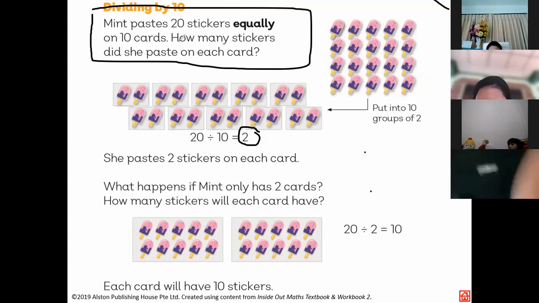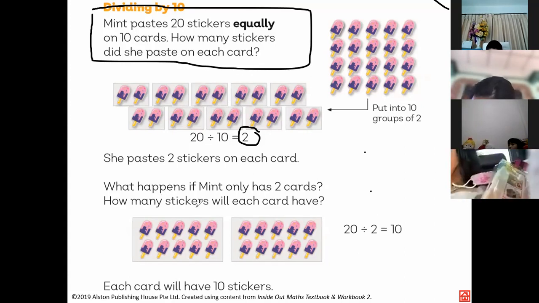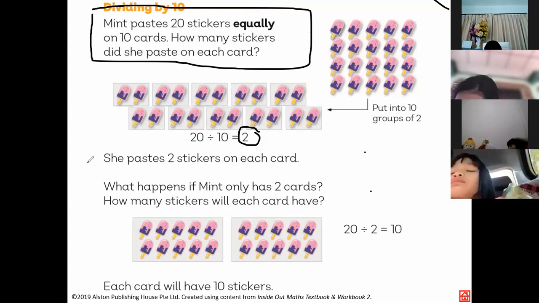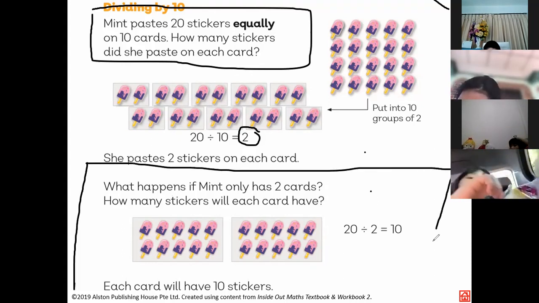All right. So let's see. She pastes 2 stickers on each card. So what happens if Mint only has 2 cards? How many stickers will each card have? In this example, it's different.